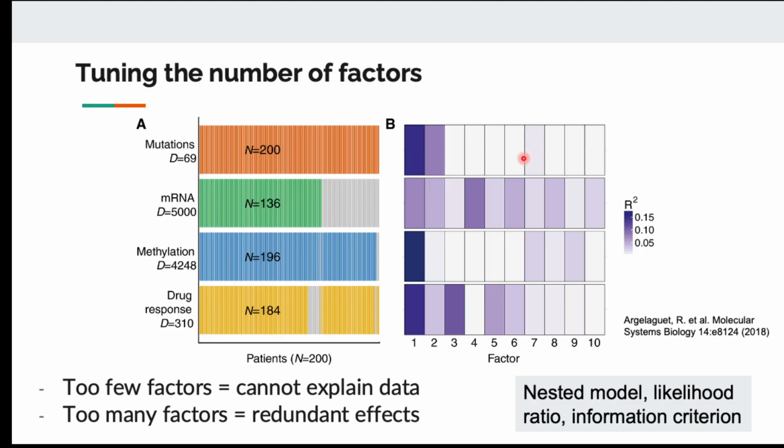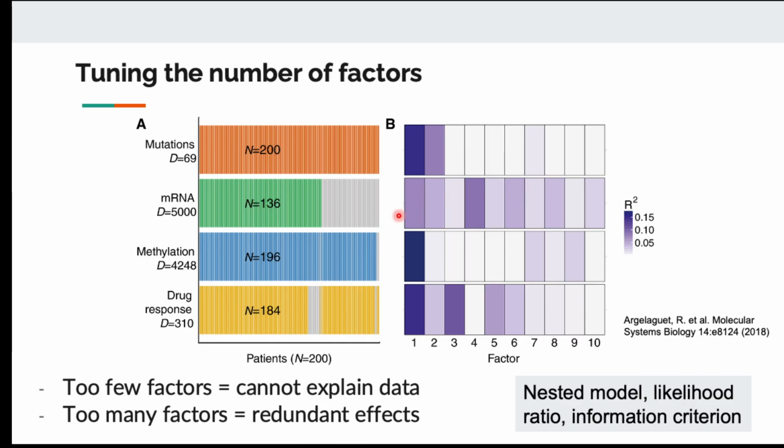These are not important. For gene expression, you require many factors to explain, because gene expression is more complex. In your data, you might have a few causative mutations, so it's only correlated with certain factors. But to explain gene expression, you need a lot of information from your metadata.